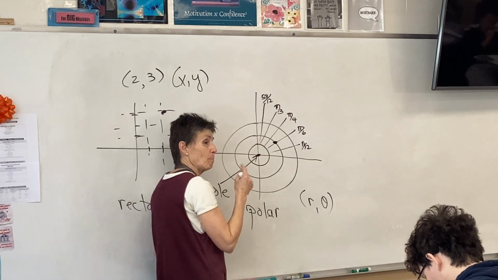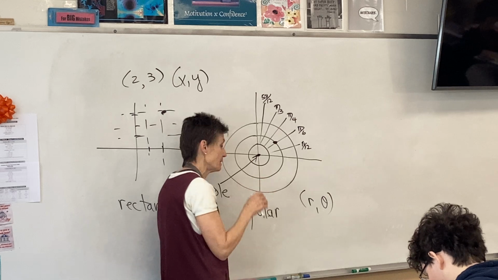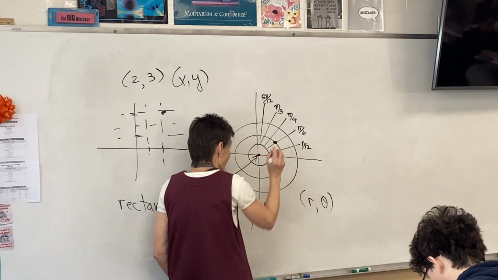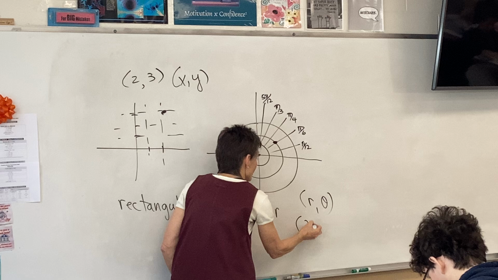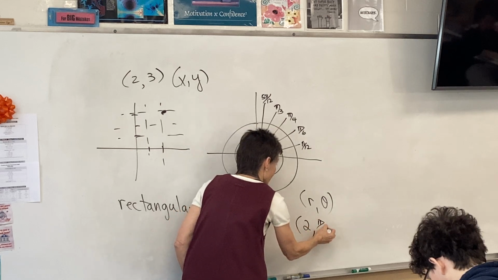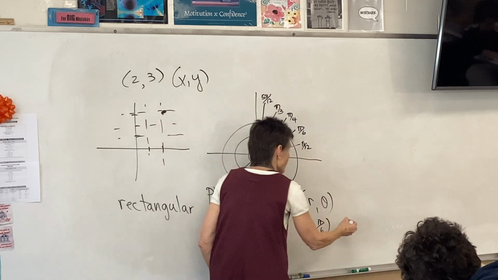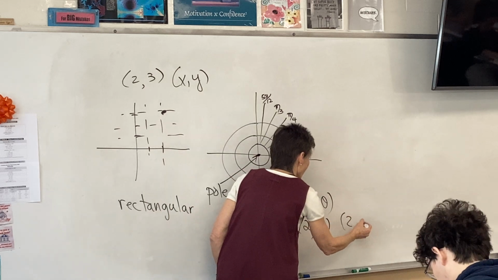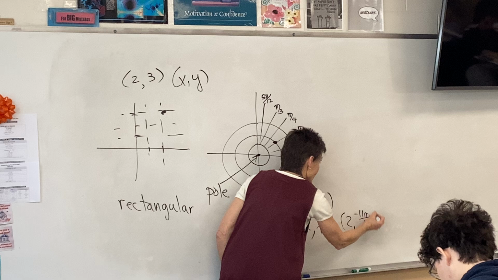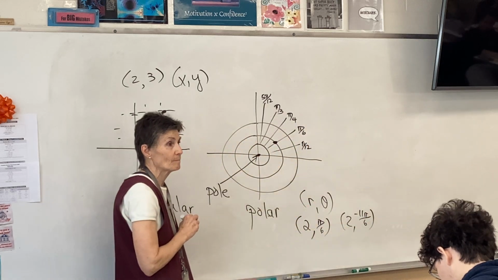Now, what makes polar more complicated is that point right there that I plotted is 2 comma pi over 6. But couldn't that also be 2 comma negative 11 pi over 6? Would that be the same point?